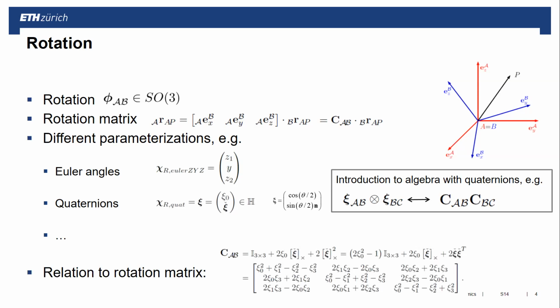And last but not least, for all these different choices of parameterizations, we showed that we can essentially just look up these conversions that we once derive, once write down, these conversions between the individual parameters, for example, of the quaternion and the rotation matrix, and obviously also vice versa. So all of that is just a very simple transformation from one to the other.